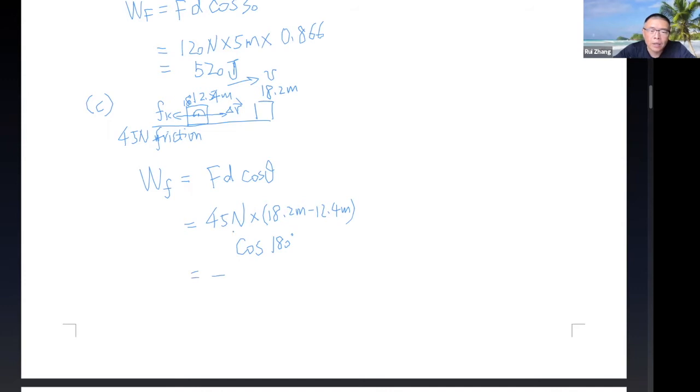So minus 45 times this distance, which is 5.8, Newton times meter. So that's going to be your work. Now the rest is just calculation. 45 times 5.8, so you got 261 for this last part.